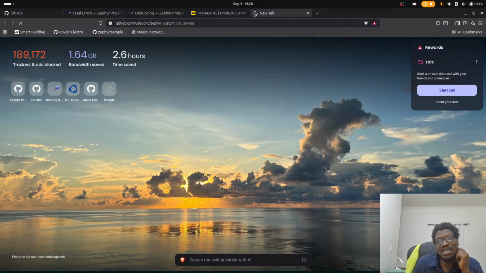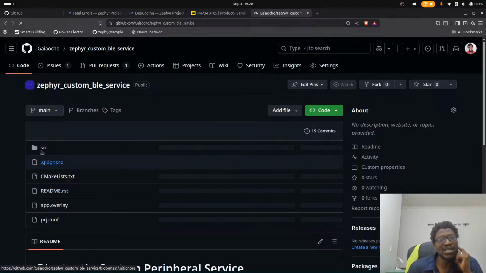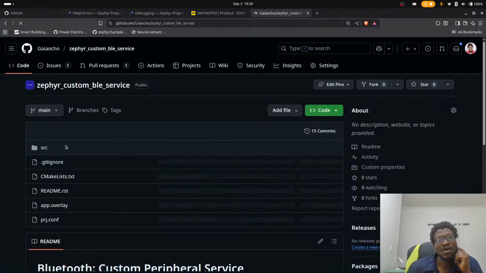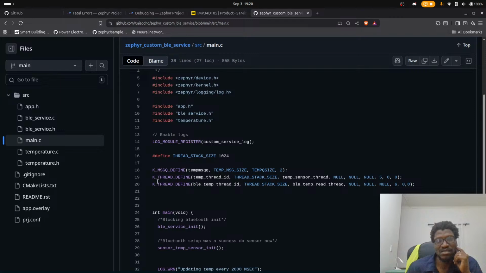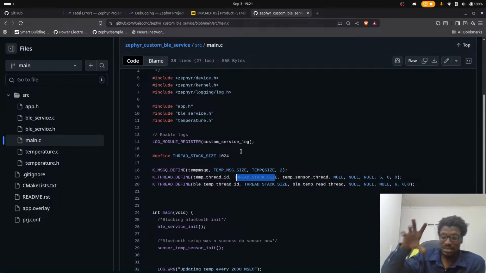So if you see our threads, whenever we construct our threads here, we give them a stack size, and my stack sizes are just 1024 bytes, I guess. If your thread does something like using more stack or writing to more stack than it has been given, this will cause something called a stack overflow.